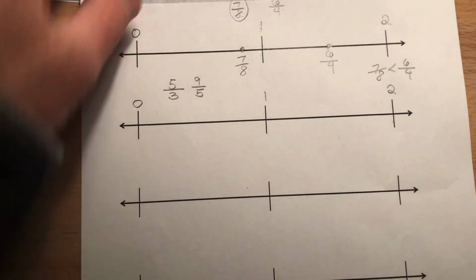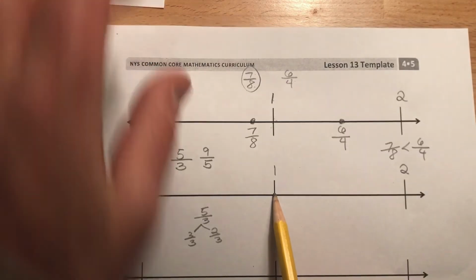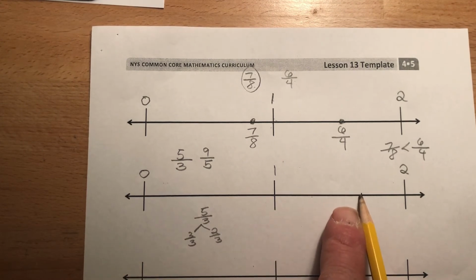And I'm going to find out where 5/3 goes. Now if I take a look at 5/3 and just do this in my head, I know 3/3 is 1. So that leaves me 2/3 after that, right? So 3/3 would be exactly 1, and then I need to be 2/3 higher than that. So probably right about here, right? 5/3.